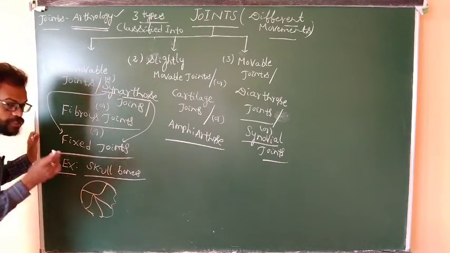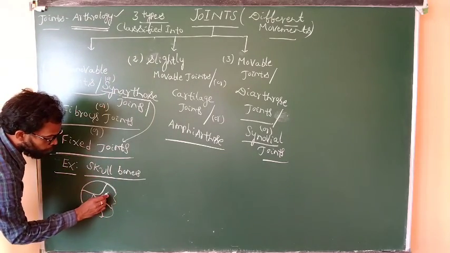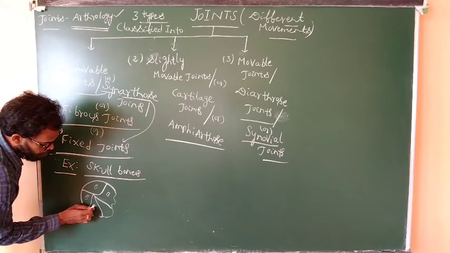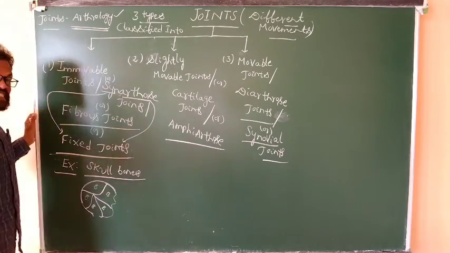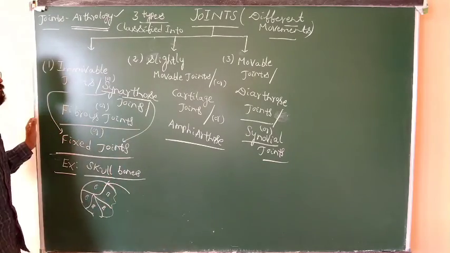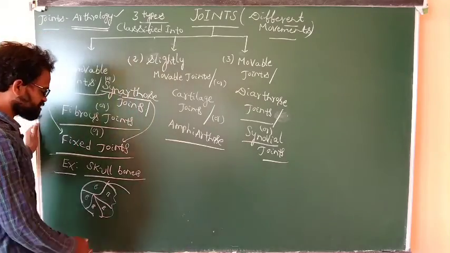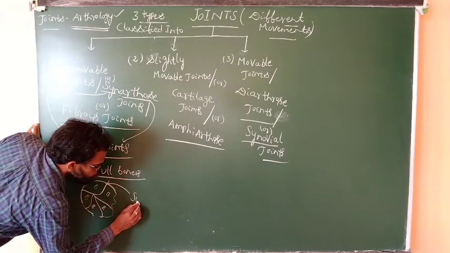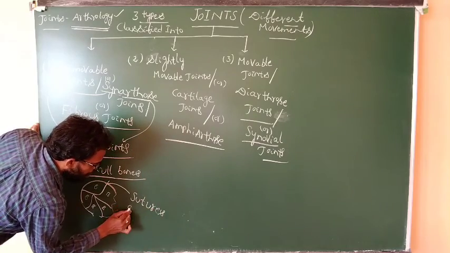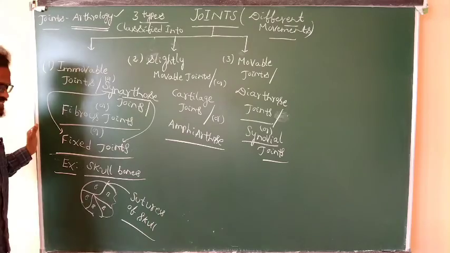The skull bones are joined with the help of fibrous joints. Fibrous joints are nothing but sutures of the skull.